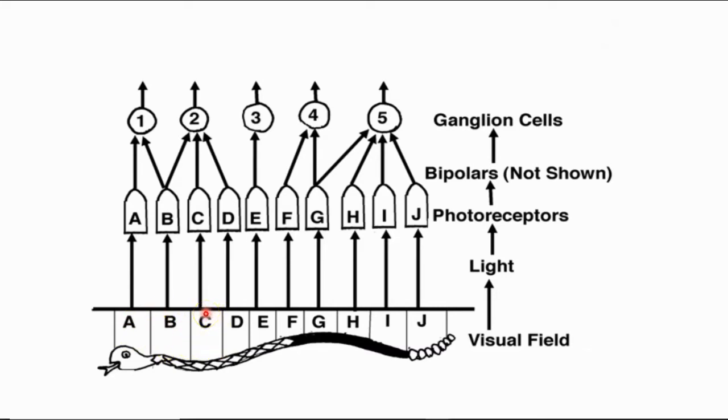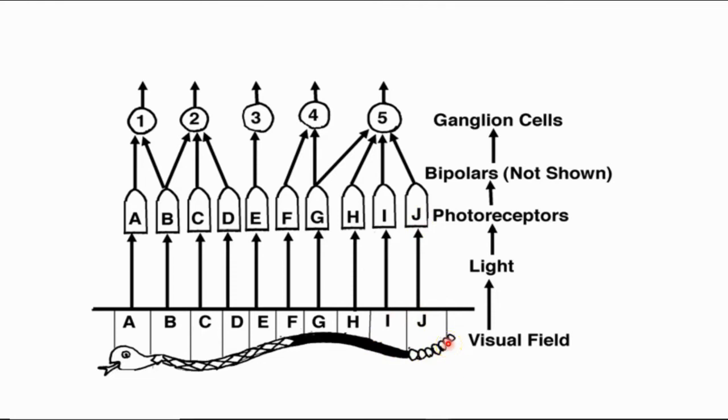In the example, photoreceptor A sees the snake head. Photoreceptor J sees the rattles on its tail.